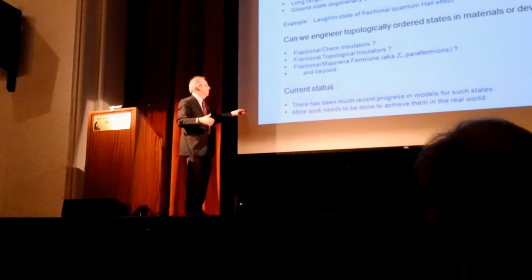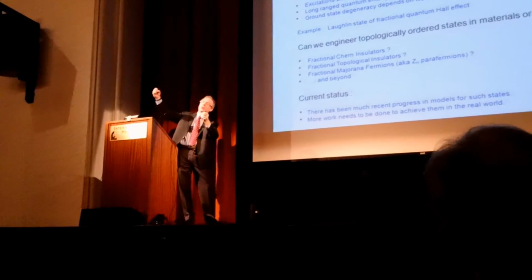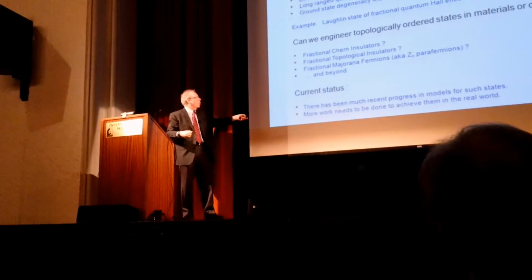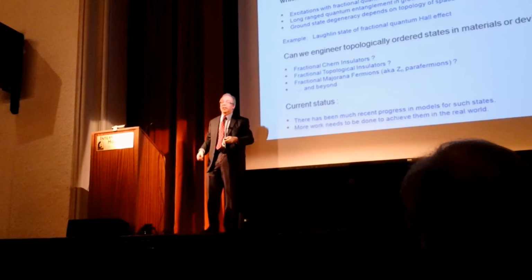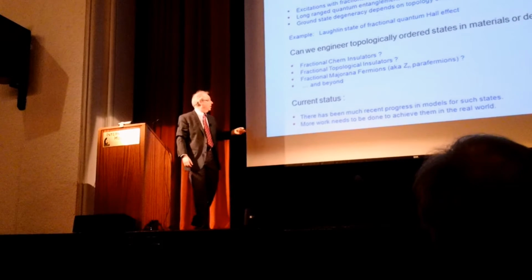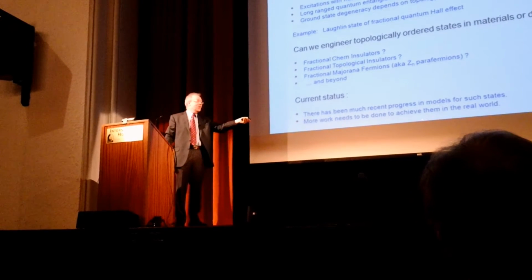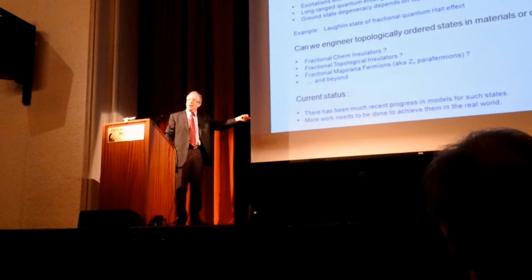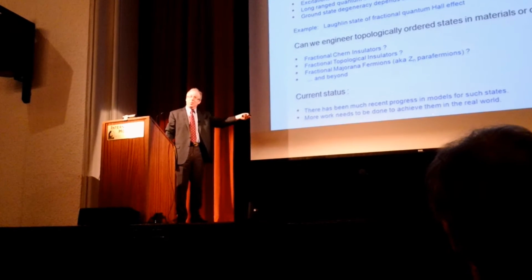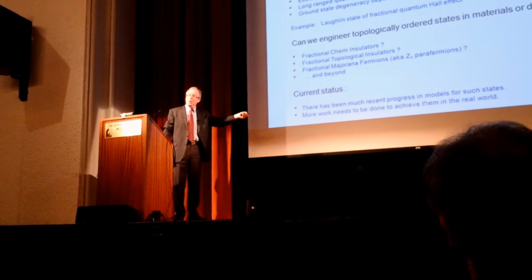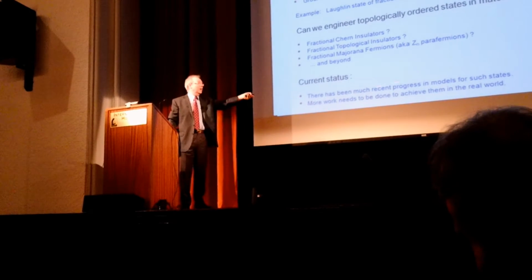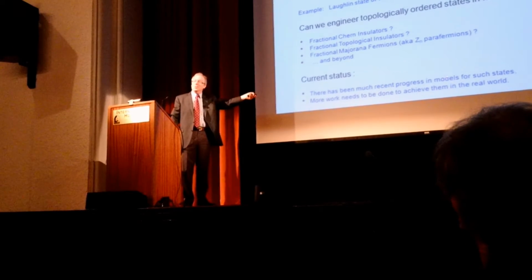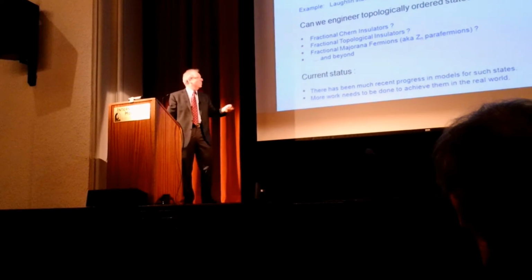Okay, at this point, these kinds of models are a little bit too far removed, so much more work needs to be done in order to figure out how to achieve these states in the middle world. Okay, but I think one should take this as a challenge and an opportunity, especially for the younger people in the audience. Maybe in the time of your career, maybe we'll be able to do something with this.